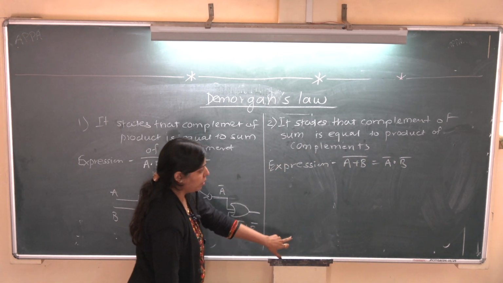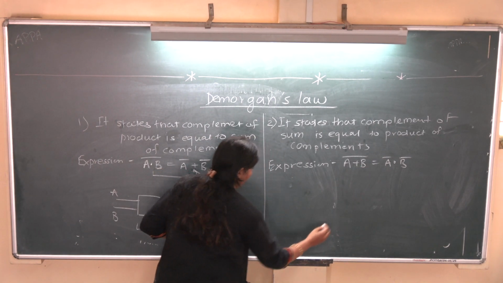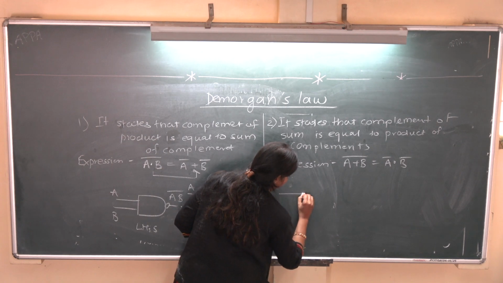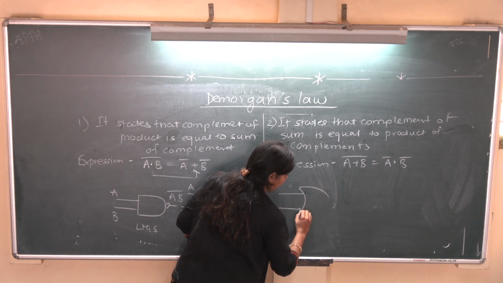Now, how to implement this logic? A plus B whole bar. I am taking two inputs, A and B, and for that I am taking the NOR gate.